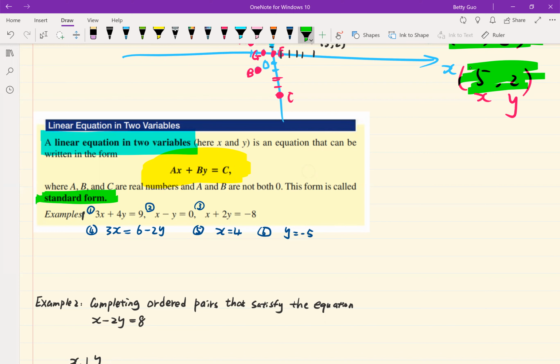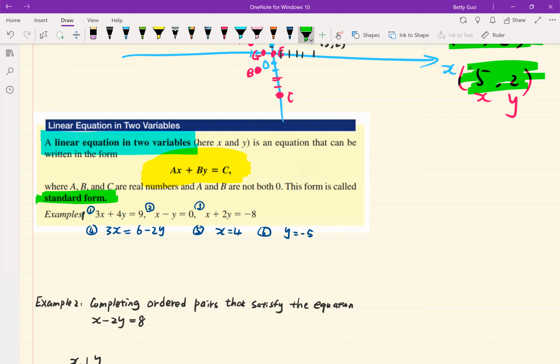Let me explain. How do we determine whether a given equation is a linear equation in two variables? If the equation satisfies the following three criteria, then the equation is a linear equation in two variables.